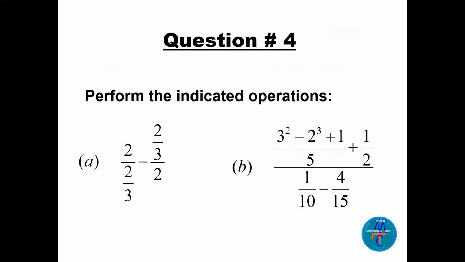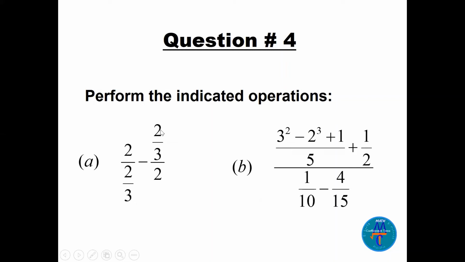Let's see question number 4. So nice. There are many numbers, many fractions. Let's see the first one. I think I have mentioned in one of the videos how to do this one. You see this one here, 2 over, this is the denominator, 2 over 3.